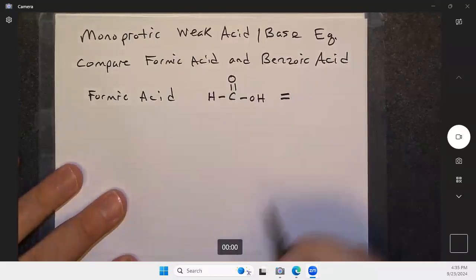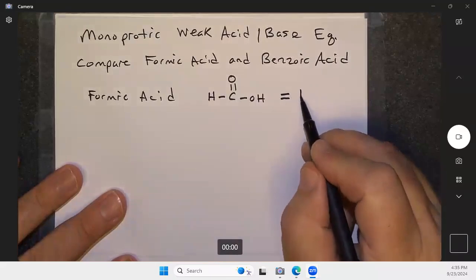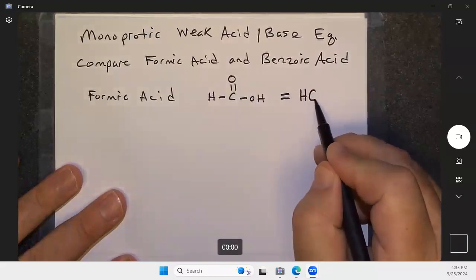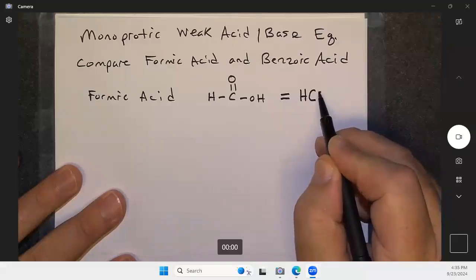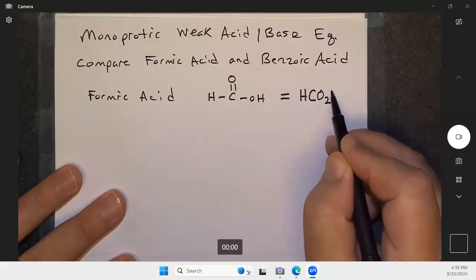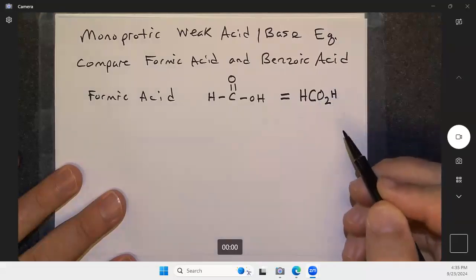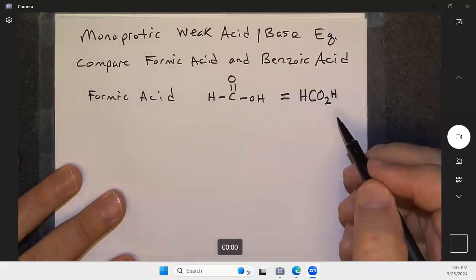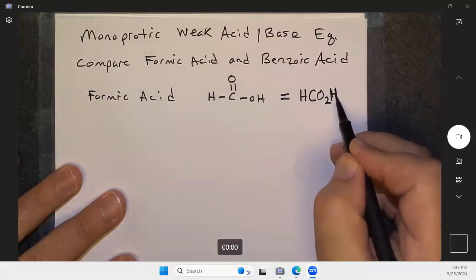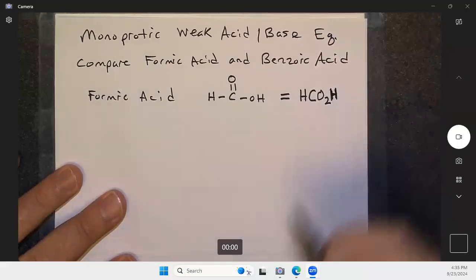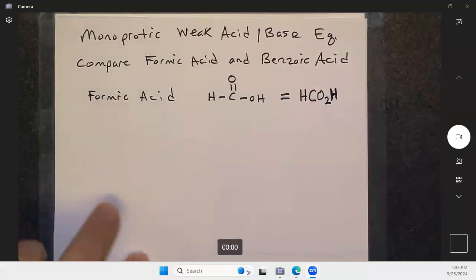But I'm going to write it this way, HCO2H. How's that? All right, and there's no reason that one hydrogen is smaller. I'll bulk it up a little bit.